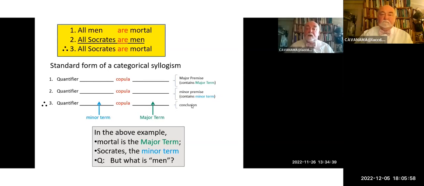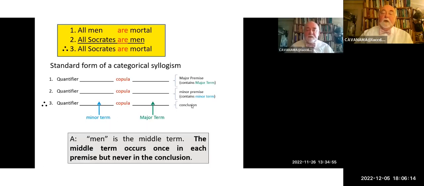In the above, mortal is the major term. Socrates is the minor term. The major term is the predicate term of the conclusion. The minor term is the subject term of the conclusion. That's something you memorize, and we'll see that it's going to help us out when we try to fill in these syllogisms. So men is the middle term. The middle term is the term that occurs once in each premise, but never in the conclusion.